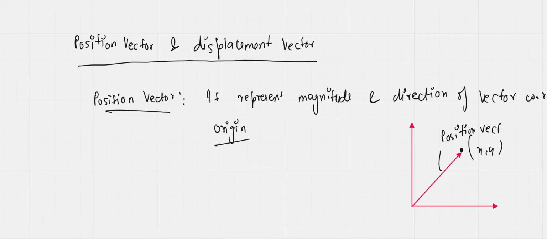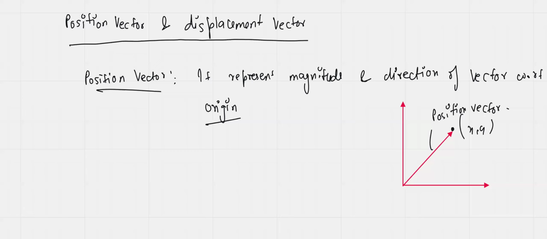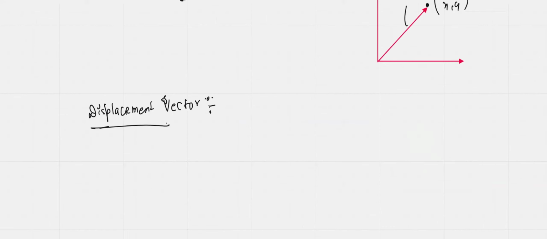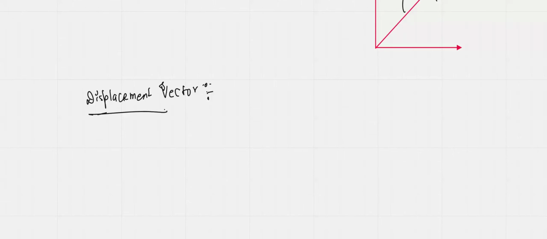Alright, now what is displacement? Displacement is the shortest distance. So what is the displacement vector?